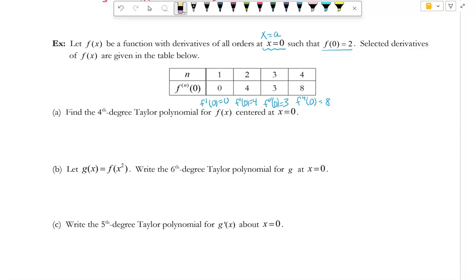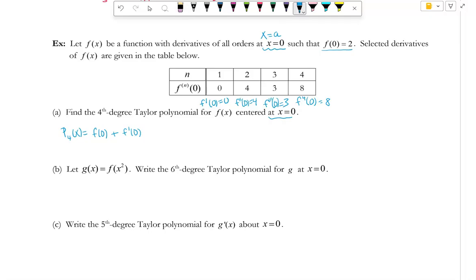All right, so if I want to find the 4th degree Taylor polynomial, it's going to, again, be centered at x equals 0. So I know I'm going to start with f of 0 that they're giving us. And then I'm going to add to that f prime of 0 times x minus 0.